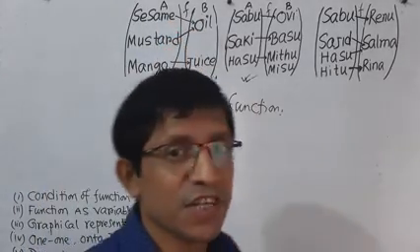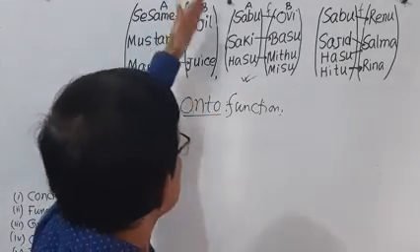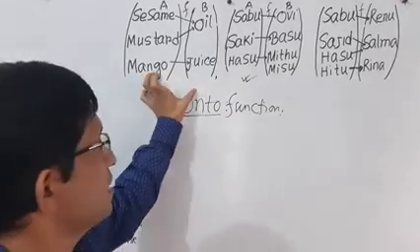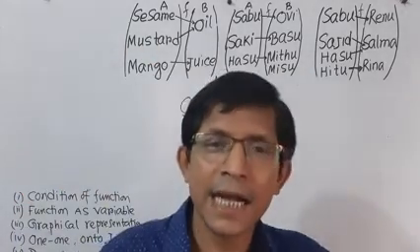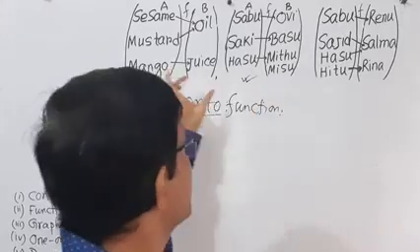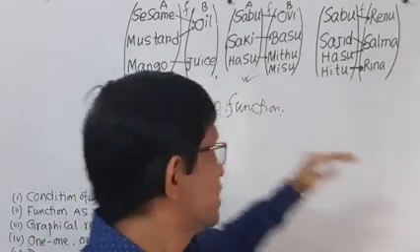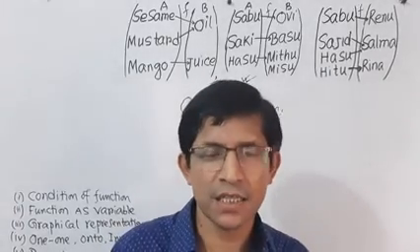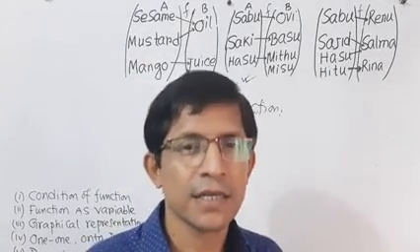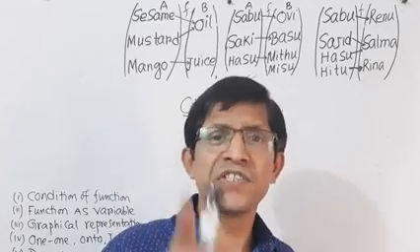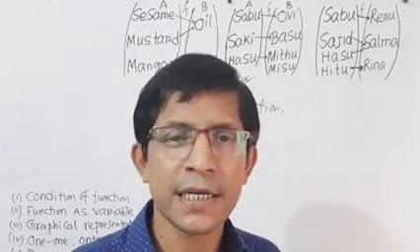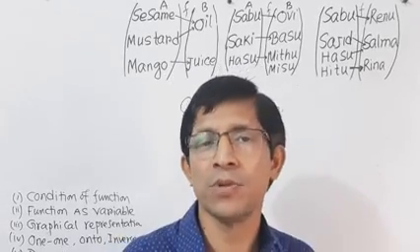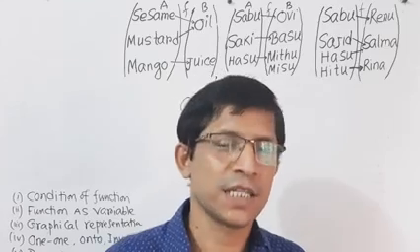But previously we discussed this set as totally the codomain. So in this function, codomain and range are equal. So this function is also an onto function. So what is the definition of an onto function? If in a function the codomain and range are equal, then the function is called an onto function.